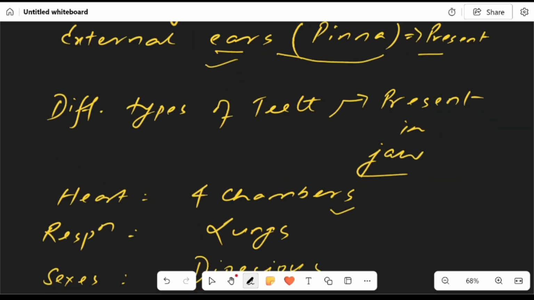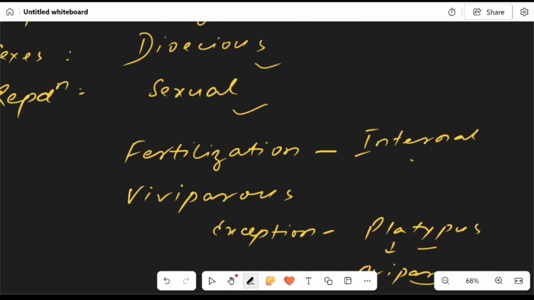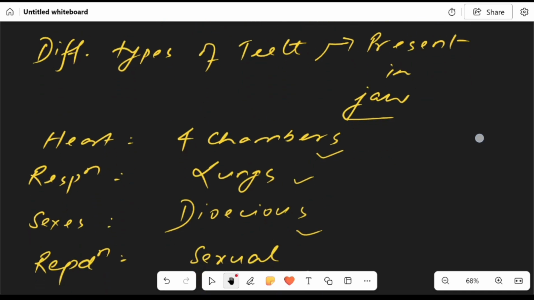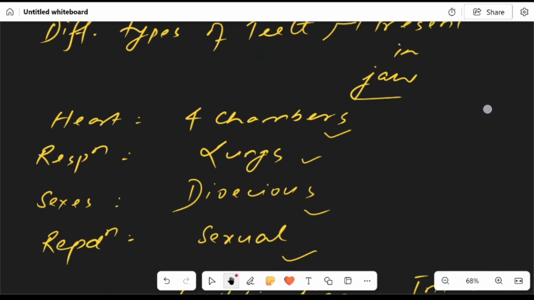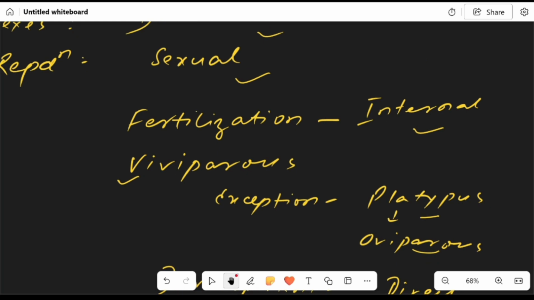The heart is four-chambered, respiration takes place through lungs, sexes are dioecious, reproduction is sexual, and fertilization is internal.